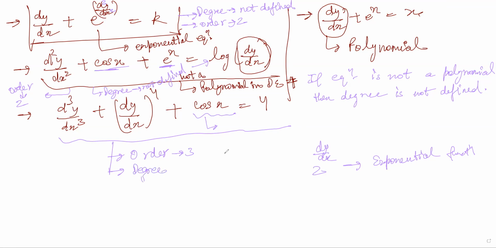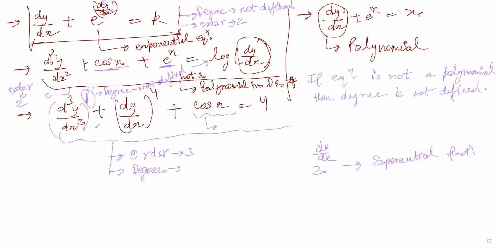and degree will be used in its exact definition. Now, what is the definition of degree? It is the highest power of the highest order derivative. In this case, we have used 2 powers, right? We have d3y by dx cube to the whole power 1, and dy by dx to the whole power 4. We'll use the power of the highest order derivative.